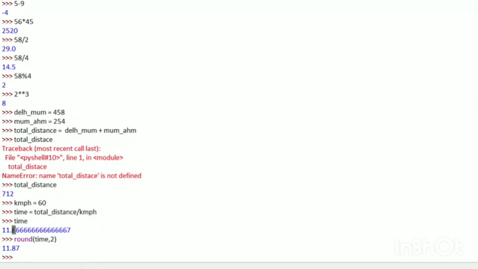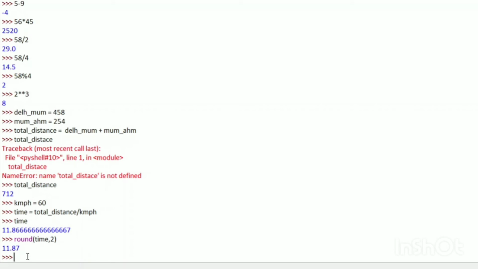But why should it give me 11.86? It is because it is rounding off this whole thing. You all know that if the number is above 5, then that number and all the numbers afterwards will be converted to 0, and the previous number, which is this 6, will be added 1.